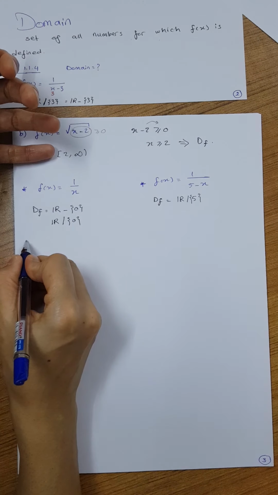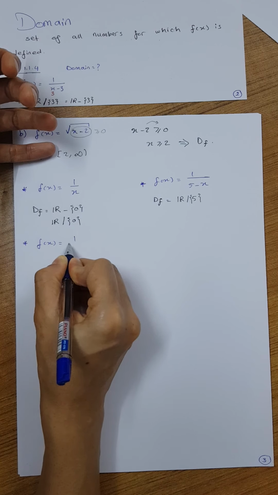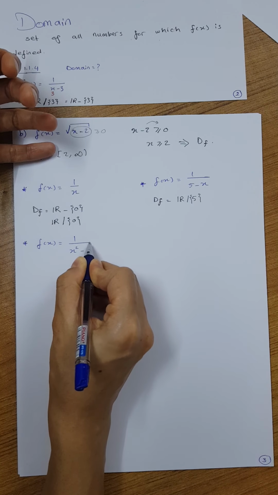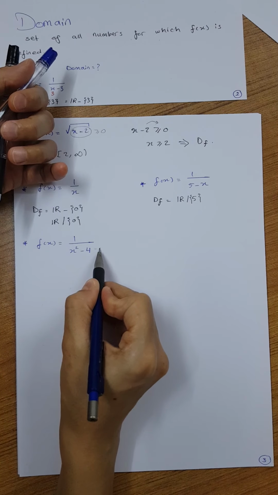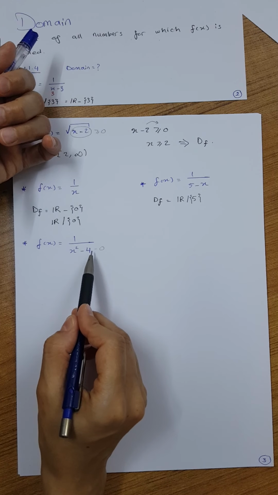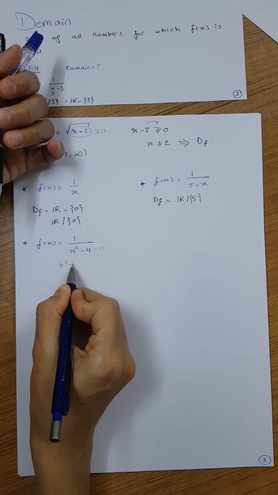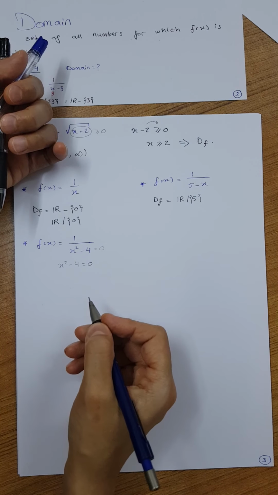Let's give another example. If I have got f of x that's equal to 1 over x squared minus 4. What are the numbers that make this one equal to 0? Look, I'm searching for those that are making the denominator equal to 0 and then kicking them out. So x squared minus 4 is equal to 0. I have to solve it. Some of the questions need to be solved.